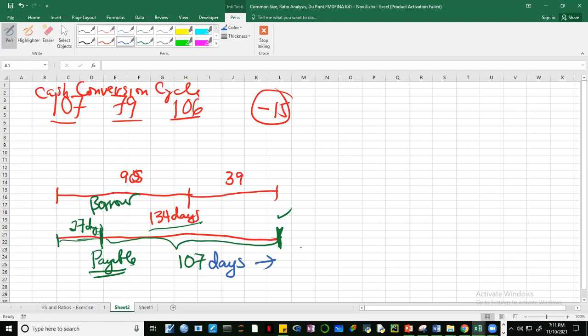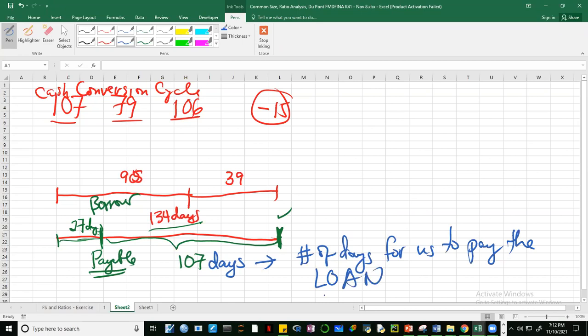This is the number of days for us to pay the loan. Okay? So 100 days natin muna bago mabayaran yung loan. Kasi dito tayo umutang. Dito pa natin makukolekta yung receivables natin. So technically, it will take us 100 days to pay the loan.